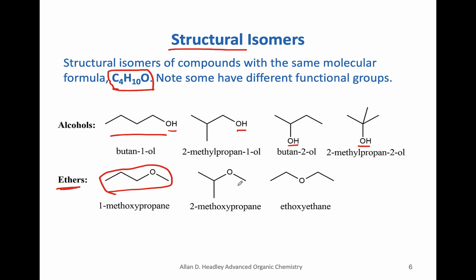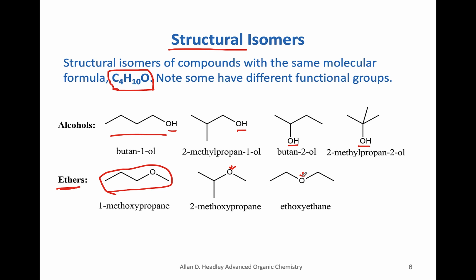So they are called positional isomers because the position of the functional group here is different. But the relationship between any one of the alcohols and the ether are now called functional group isomers because of the functional groups that are different. So that's what we'll say about structural isomers.